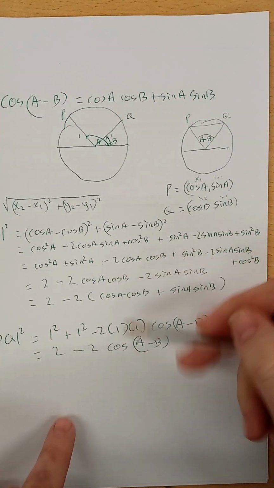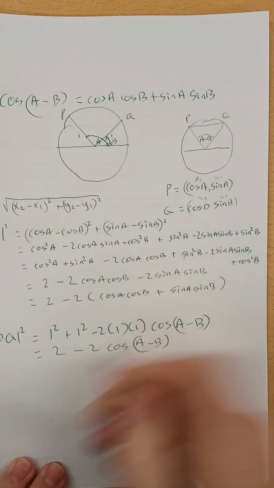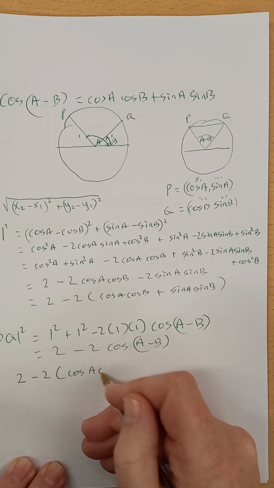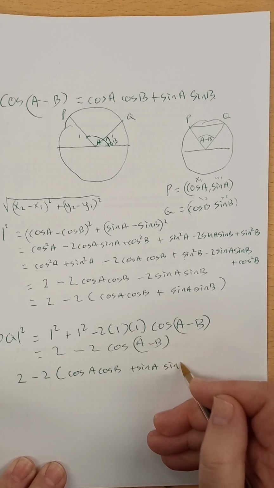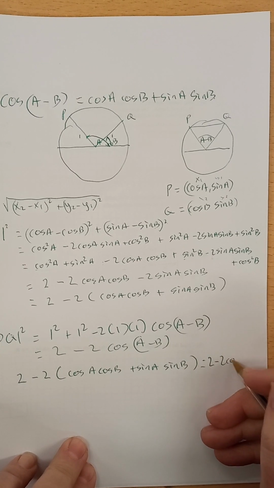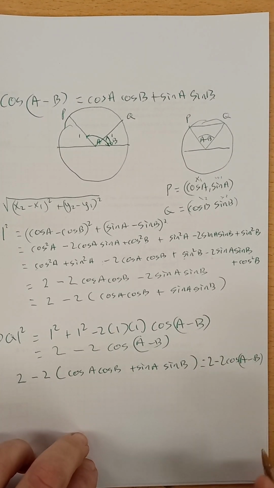So now I have my two formulas. I'm going to make them equal to each other. I'll take the first one. So that's 2 minus 2 cos A cos B plus sine A sine B, and I'm going to make that equal to 2 minus 2 cos A minus B. Can you see what's happening here?